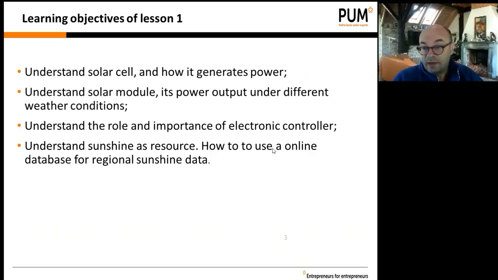Then the role and importance of the electronic controller, and sunshine as a resource, because all over the world it's a different place with different radiation and different amounts of energy generated. There is an online database for regional sunshine data, and I'm going to tell you something about it.